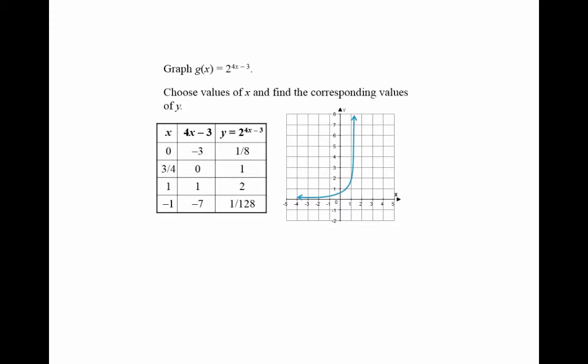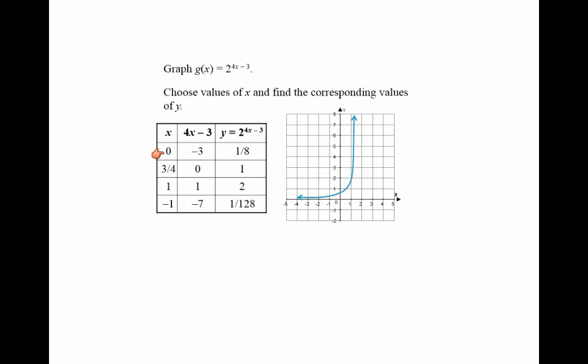Graph g of x equal to 2 to the power of 4x minus 3. Here we're going to make a chart. We're going to let x equal some values. Find what 4x minus 3 would be first, and then use that to find g of x.